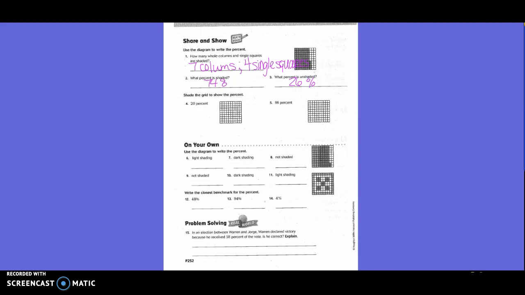Shade the gray to show the percent. So they want 20%. So how many columns would I shade? 2.